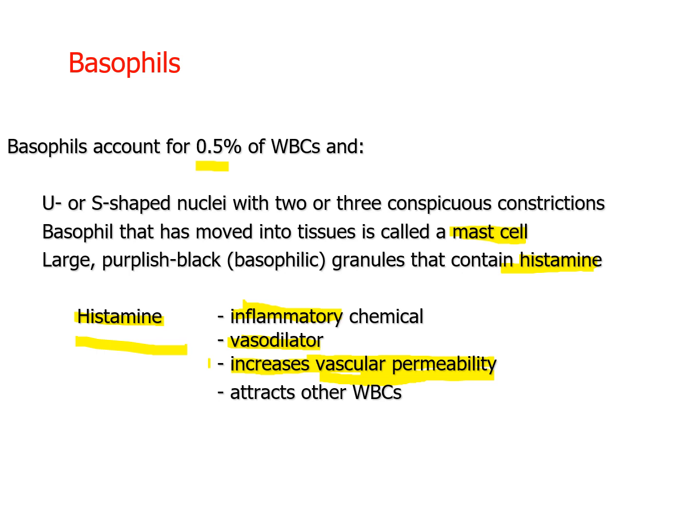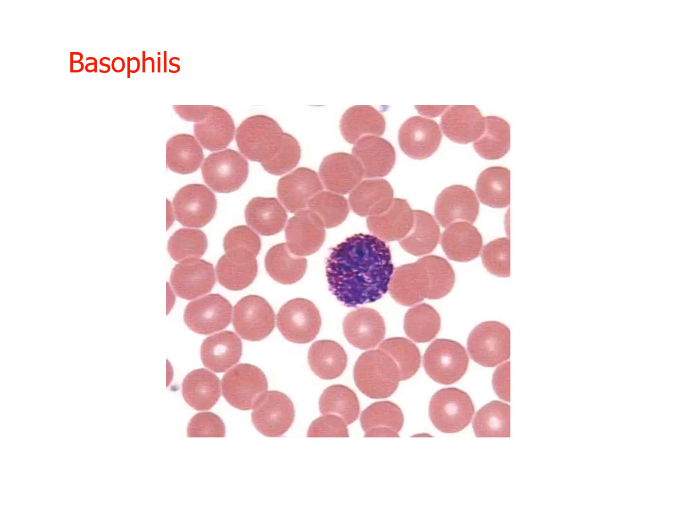And it acts as a chemoattractant for other white blood cells. So it's quite a handy type of molecule to have present to trigger inflammatory reactions that can help in defense against infection.